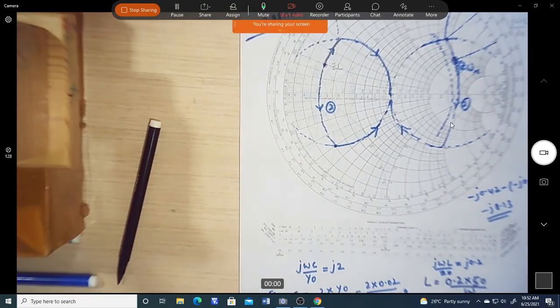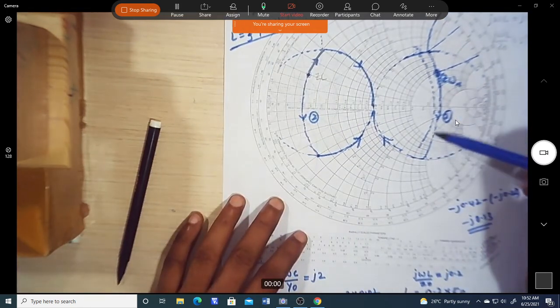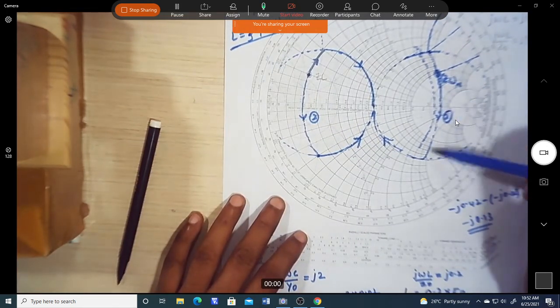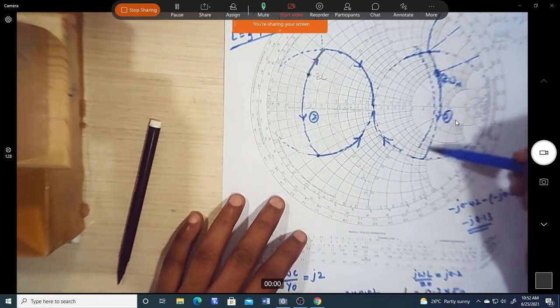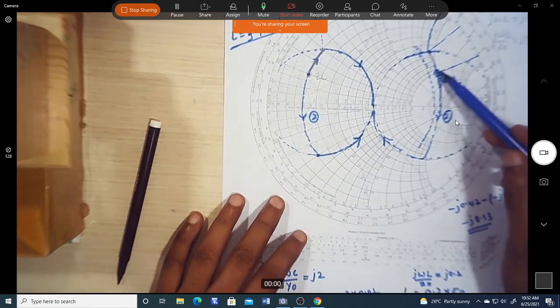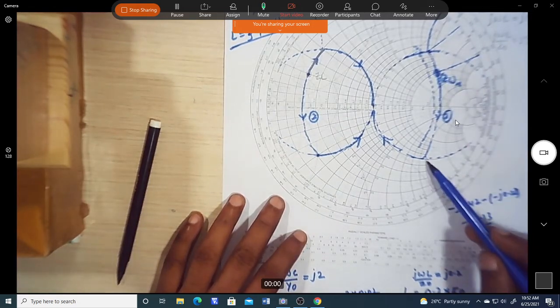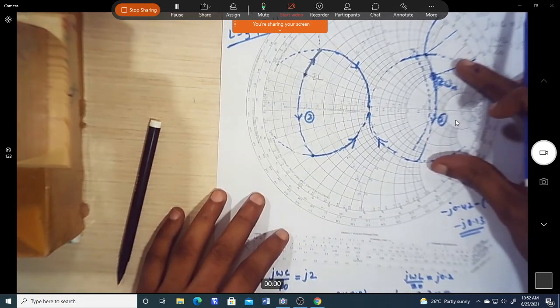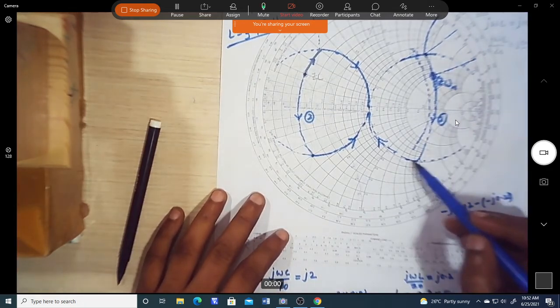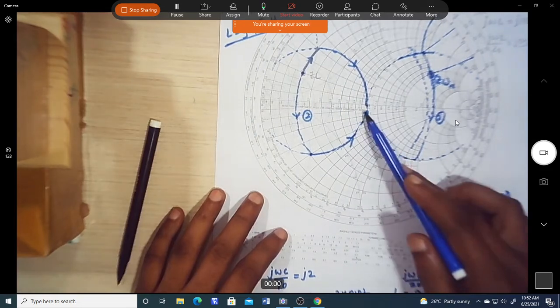Here we have to move the shunt capacitance, because we are moving downwards on the conductance circle. So this is a shunt capacitance. You have to find out from here to here the susceptance offered by the capacitor, and then from here to here the series inductance.